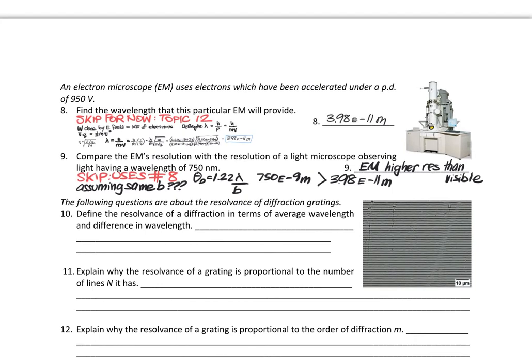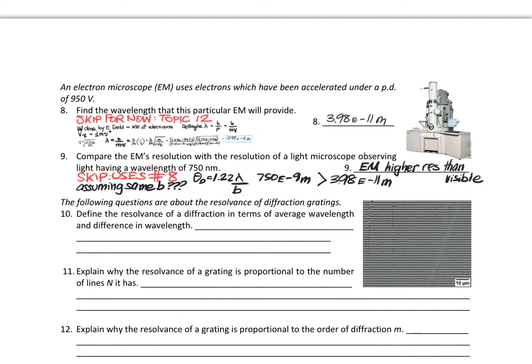Okay, so we're talking about the resolvence of a diffraction grating. Resolution is not just used for resolving two different sources, but you can also resolve the different spectral lines that are caused by a diffraction grating. We know that on a diffraction grating, the positions of the maxima on the screen depend upon the wavelength of the light.